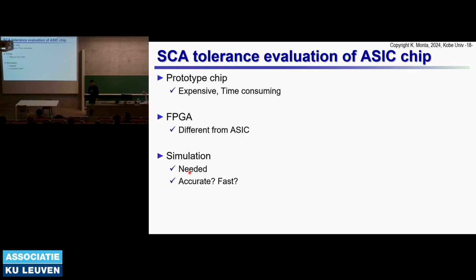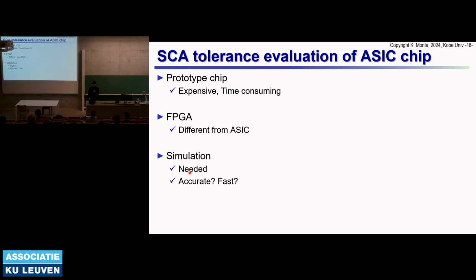If we have the countermeasure, how can we validate the tolerance of the side channel analysis countermeasure? One way is making a prototype chip, making the chip using the countermeasure, fabricating it and using exact measurement. However, as you can imagine, it's really expensive and time consuming.